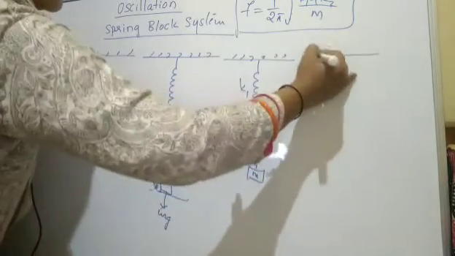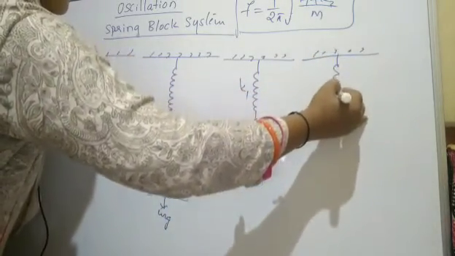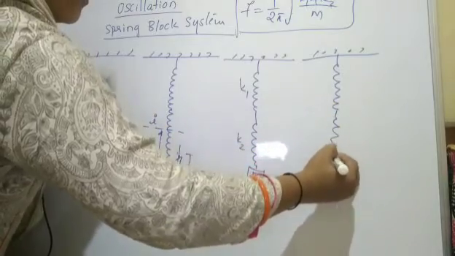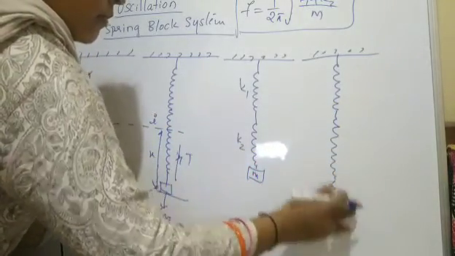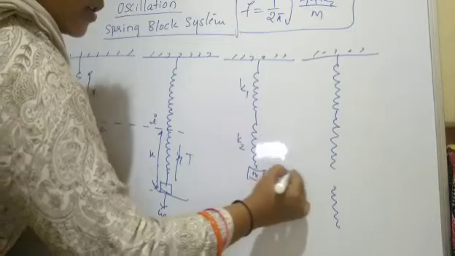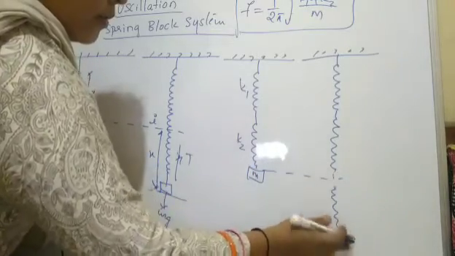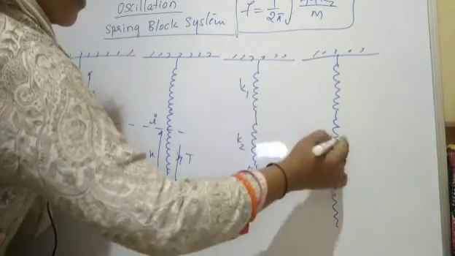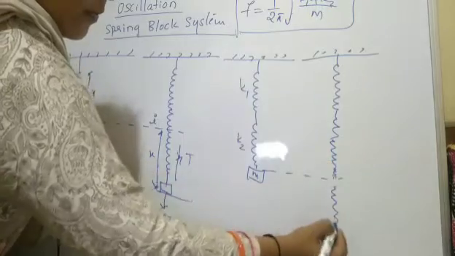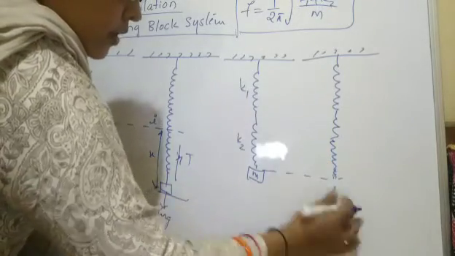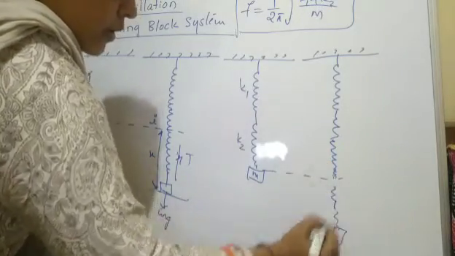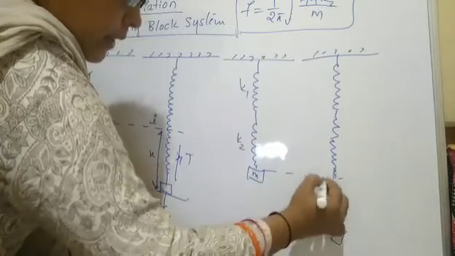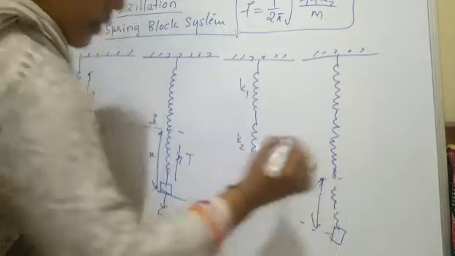So let me go ahead with k1 and k2 here. Now it is displaced a certain distance from here, right? Here also it is connected, this is the mean position.